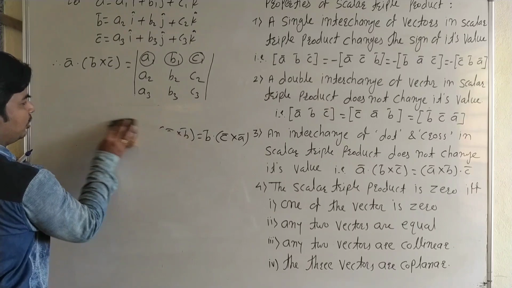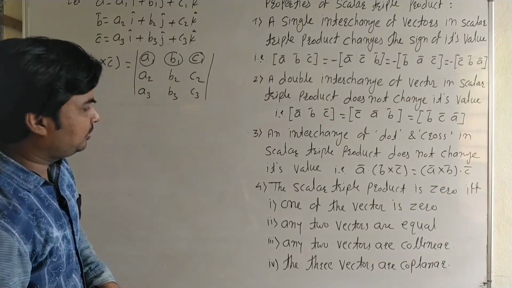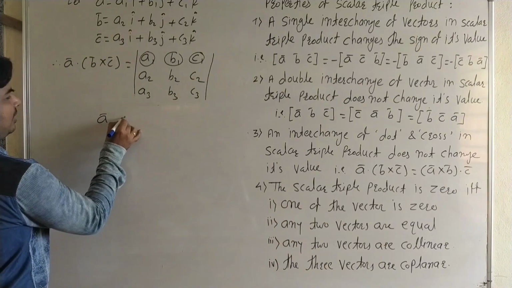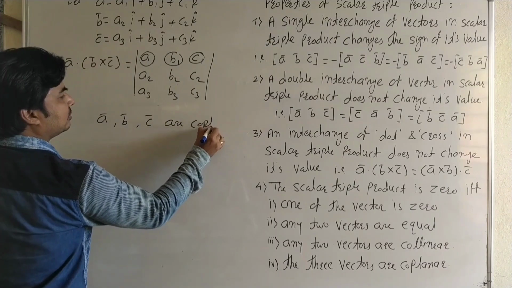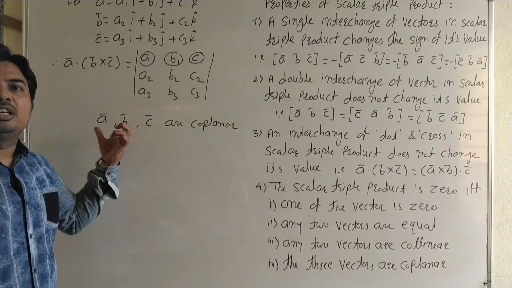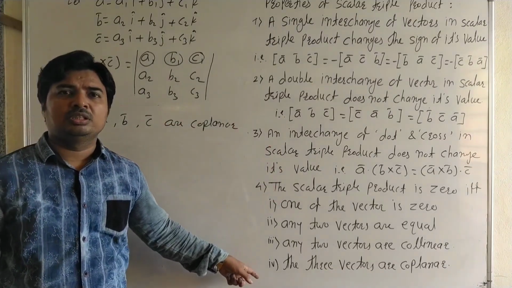And last, very important: if three vectors A bar, B bar and C bar are coplanar, then the triple product is 0. Okay, here we have a question on this property.